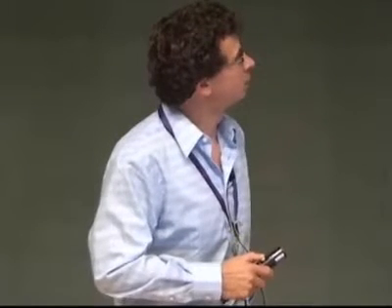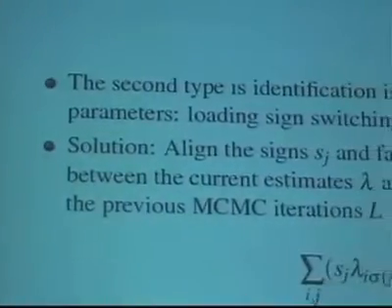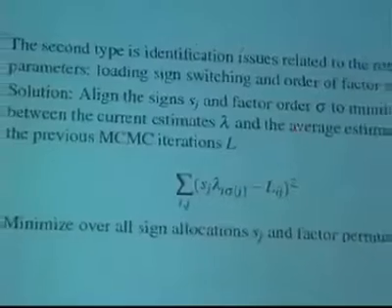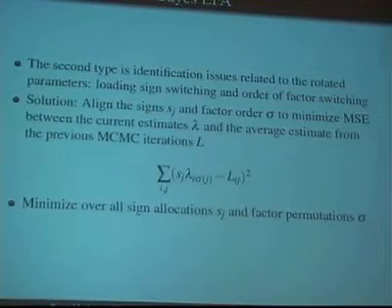These are the loadings, the average loadings from the prior MCMC iterations, and these are the current MCMC iteration. So we minimize this sum of squares over all possible signs for these loadings and all possible permutations of the factors. That's about 2 to the power of m times m factorial possible sign switches and permutations, and we minimize this.